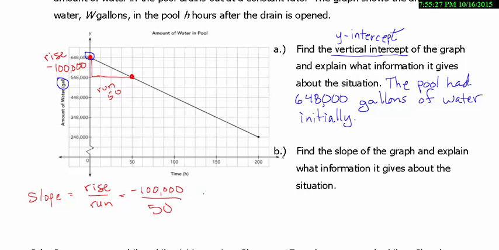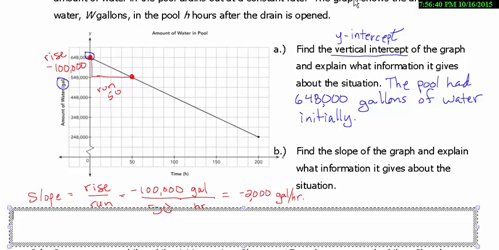And now because this is a real-world question, we are required to label the units. So this was a decrease of 100,000 gallons, and it was in 50 hours. This will reduce to negative 2,000, and that would be gallons per hour.